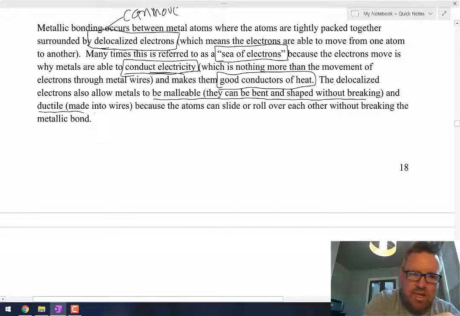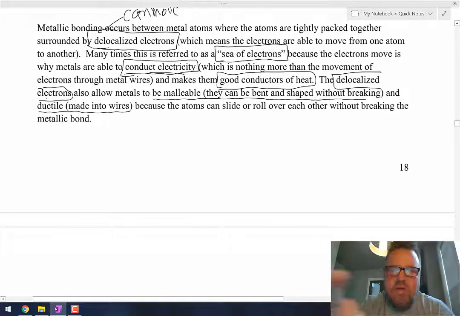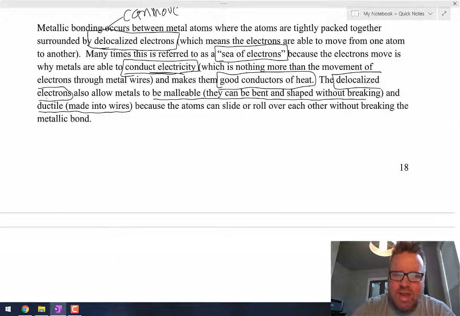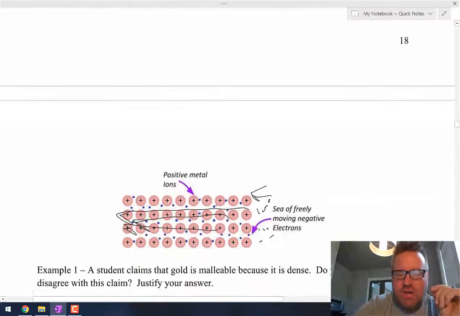And they are ductile, which means they can be made into wires. And why is that? Because of the delocalized electrons. Those atoms can slide, roll, and move over each other without breaking the metallic bond, because the electrons are able to move around from one atom to another.